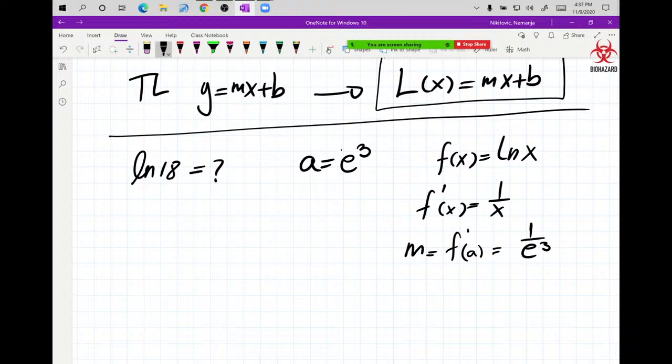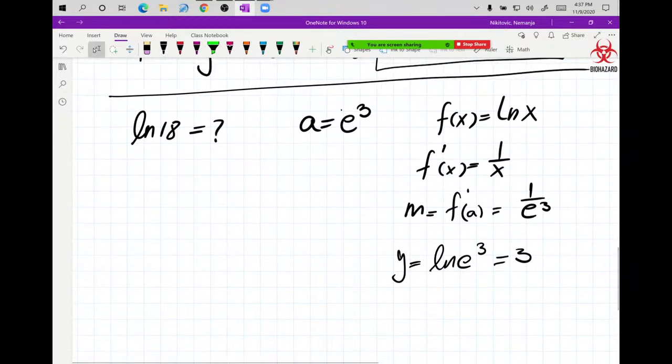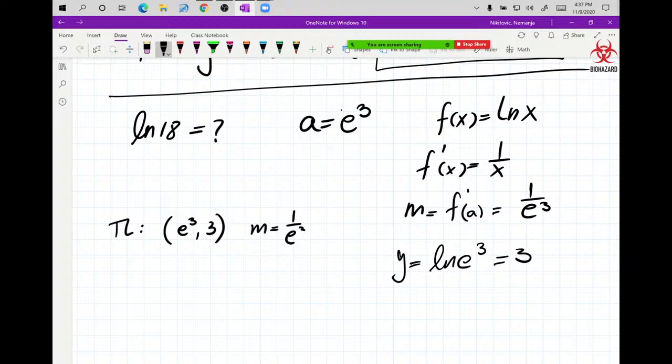So now I need to compute my y, and the y is going to be ln of e cubed, which is 3. So what are my specs for the tangent line? I have a point, e cubed, 3, and I have the slope of 1 over e cubed.